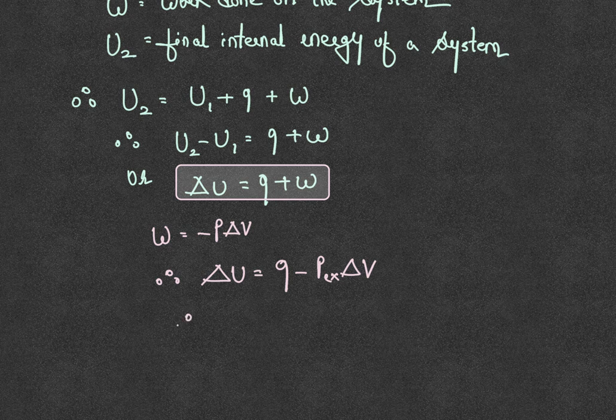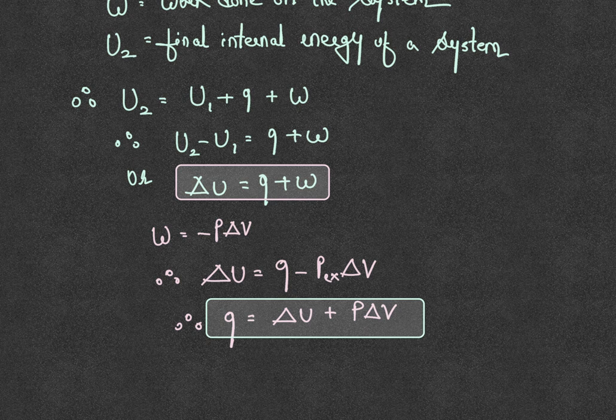And therefore, Q is equal to delta U plus P delta V. This is one more, P external into delta V or P delta V. These are two important mathematical forms of first law.